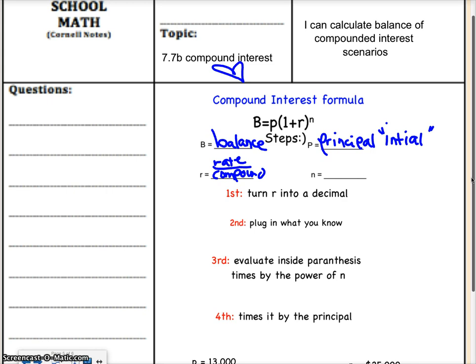But time isn't just years, it's your compounds times your years. And that's another thing we practiced just before this lesson. So R is equal to your annual rate divided by how many compounds a year, and n is equal to your number of compounds times however many years the investment was. Okay?